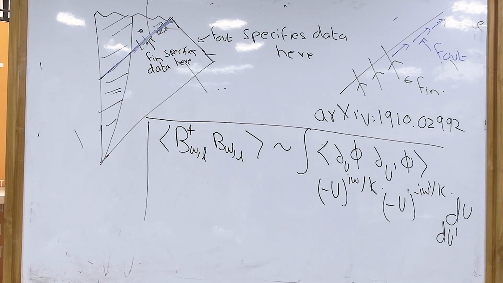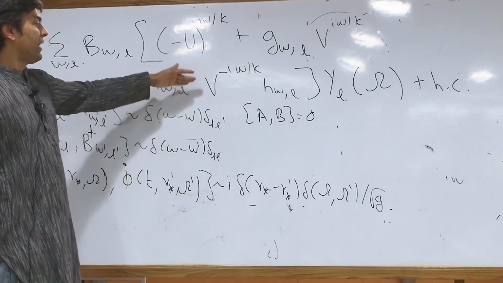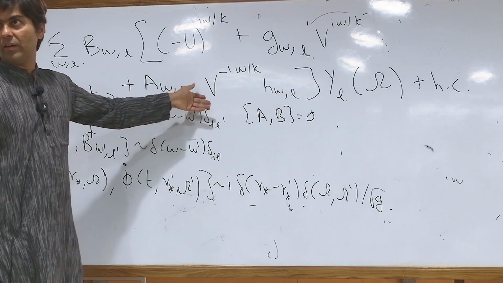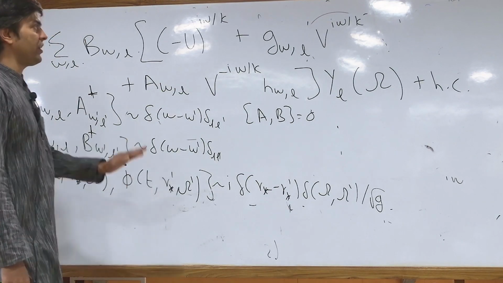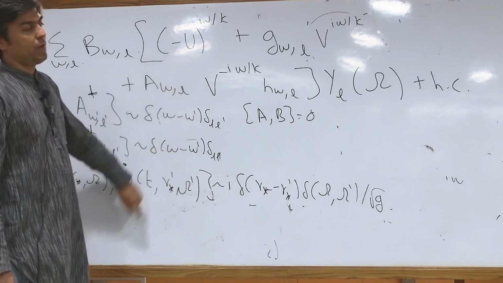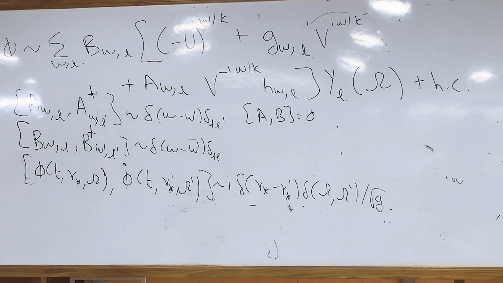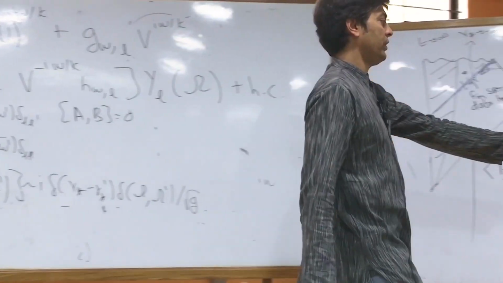If I differentiate this field with respect to u, then this part simply drops out, because the derivative with respect to u just kills it. So, if I take the field very close to the horizon and differentiate it with respect to u, this part drops out and I'm left only with this part. Okay, good. Then I do that also for the other field operator.